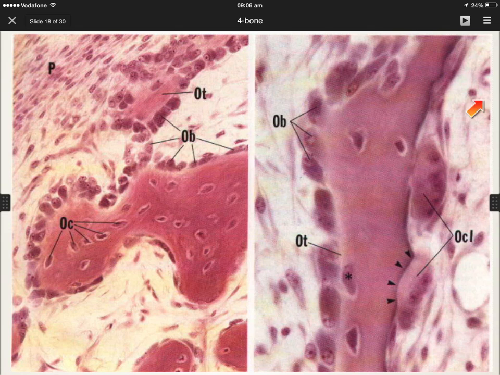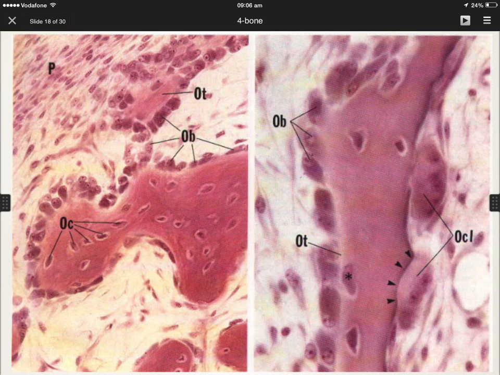In between these bony trabeculae, you can see these are the bone marrow cells and blood vessels in this bone marrow. Here in the other picture also, you will see the bony trabeculae and the osteoblasts and the osteocytes in the bony trabeculae. So we have the osteoblasts, which are dark and with one nucleus, and the osteocytes in the bony trabeculae.